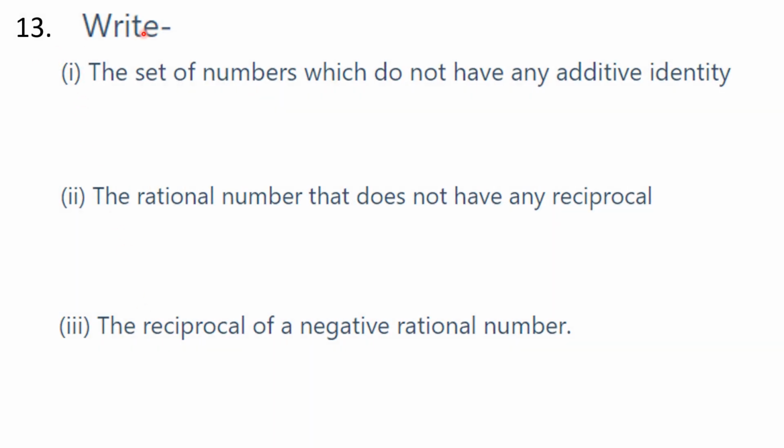Question number 13, write the set of numbers which do not have any additive identity. Which numbers do not have any additive identity? The set of natural numbers does not have any additive identity, because the additive identity of any number is 0, but there is no 0 in the natural numbers, right? So that's why the set of natural numbers does not have any additive identity. Okay, write that, children, here.